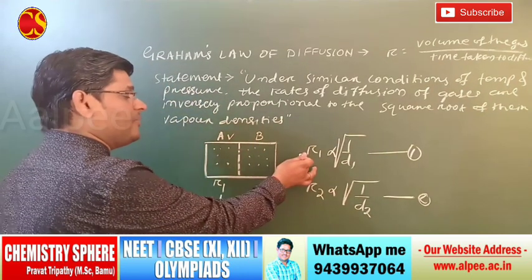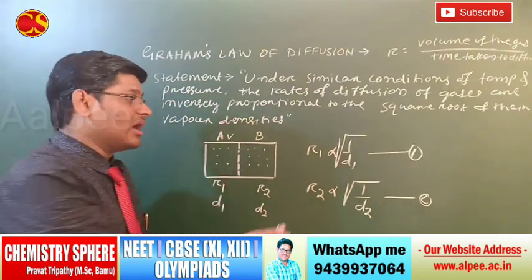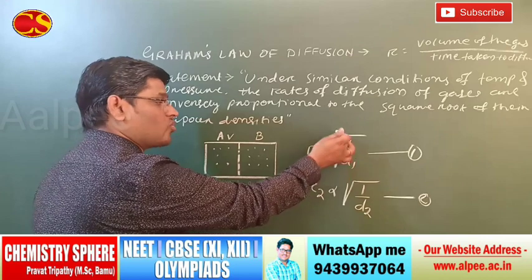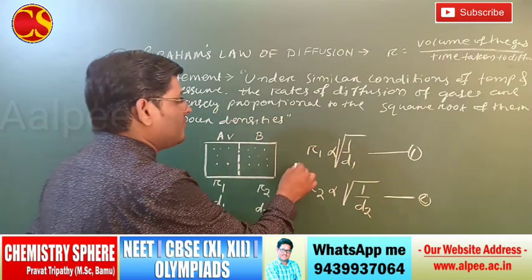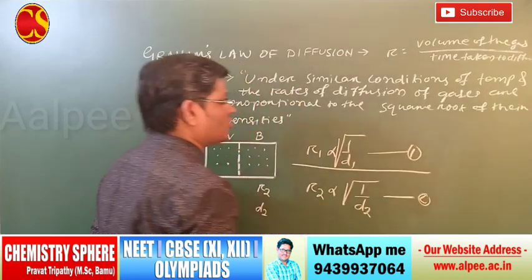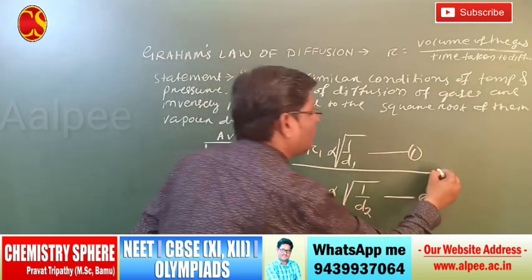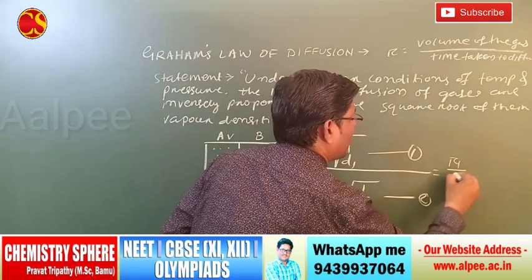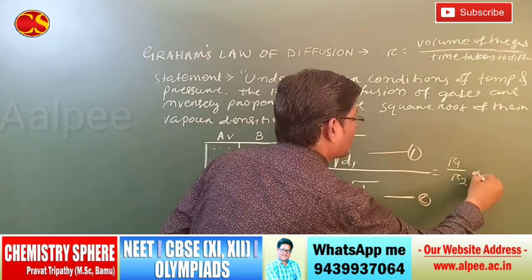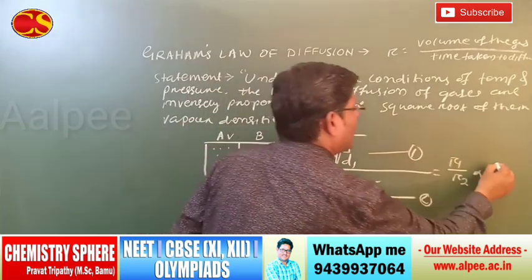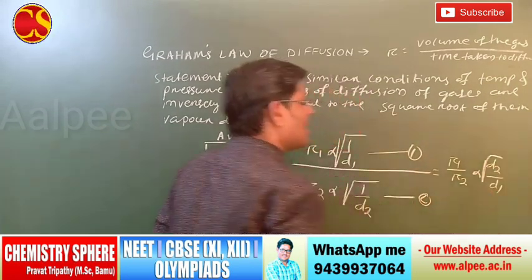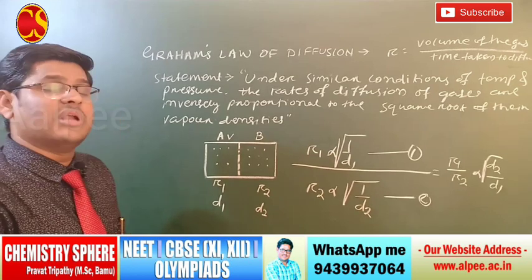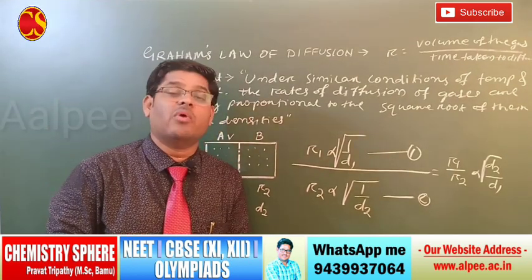Friends, the rates of diffusion of gases are inversely proportional to the square root of their vapor densities. If we divide equation 1 by equation 2, we get R1 by R2 proportional to root of D2 by D1. This is equation 3.